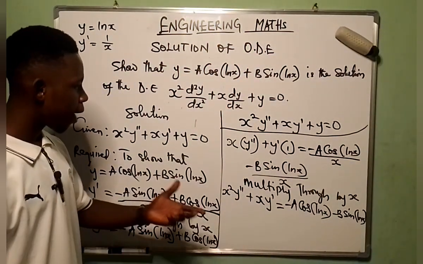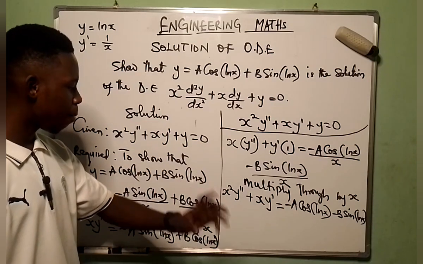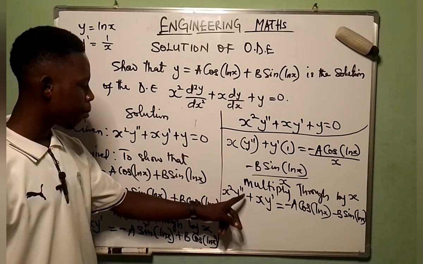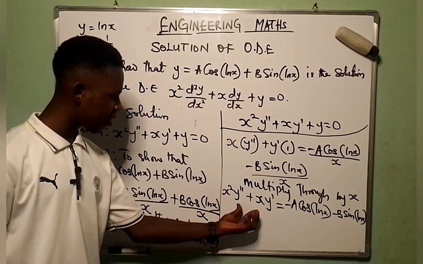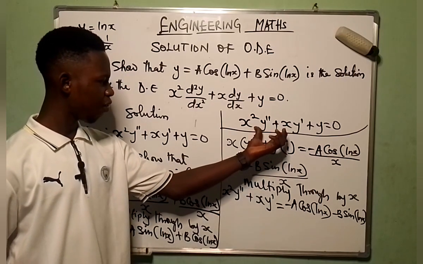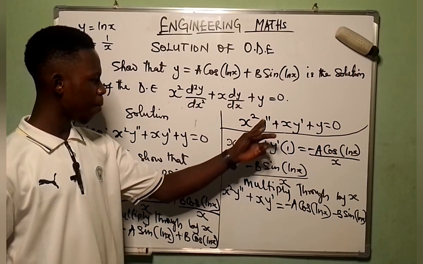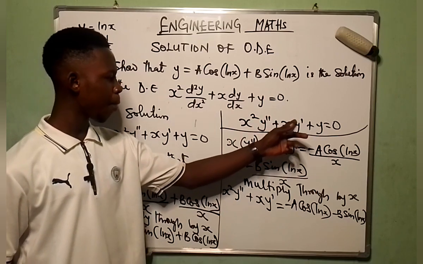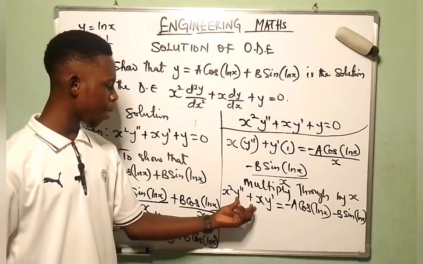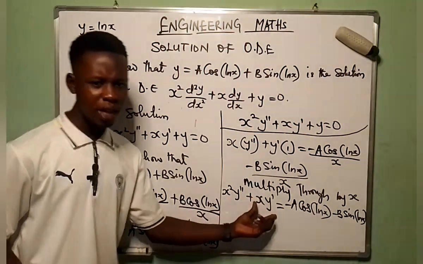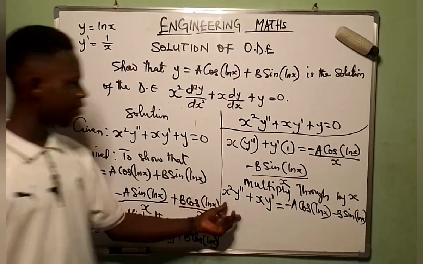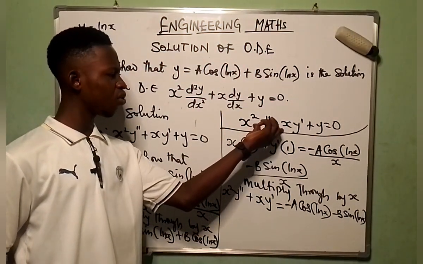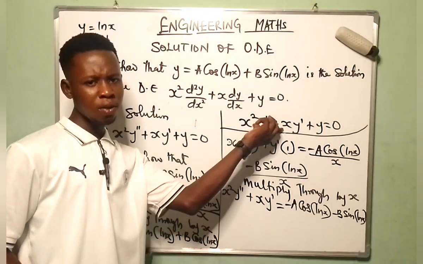Let us compare. We have x square y prime prime plus xy prime. If you look at this and look at one of the functions we have here, x square y prime prime plus xy prime, we have it here. You see that from the product rule that we used, we were able to get parts of the solution which we are given.